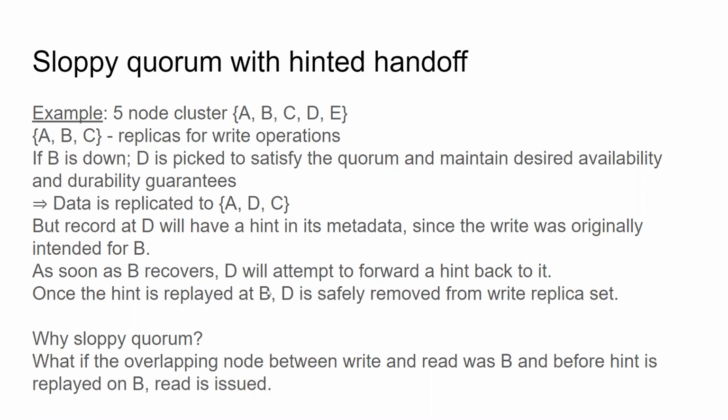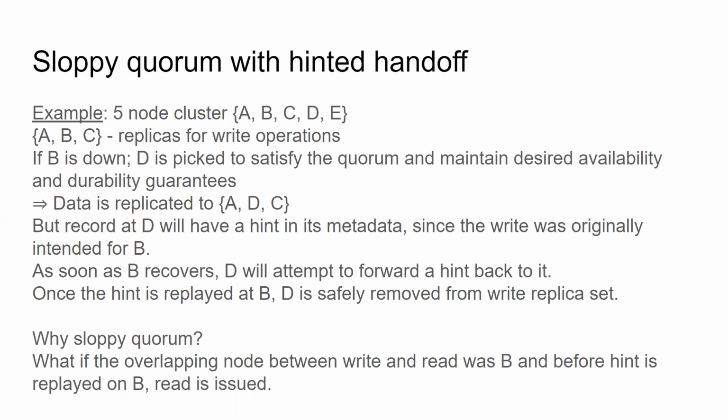And before I did this whole hinted handoff and before B came back to my replica set, what if another client issued a read? In that case, I'm going to get either an error or a stale value. So now suddenly the overlap nature of my quorum is broken. Does everyone see why this is happening?